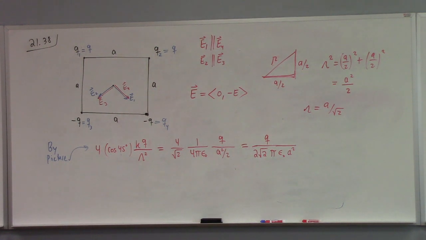How about 59? Have we done that one? I feel like I've done a lot of Gauss's law in class, not as much of this stuff. This might be a good one to work out. Let me look at 69.